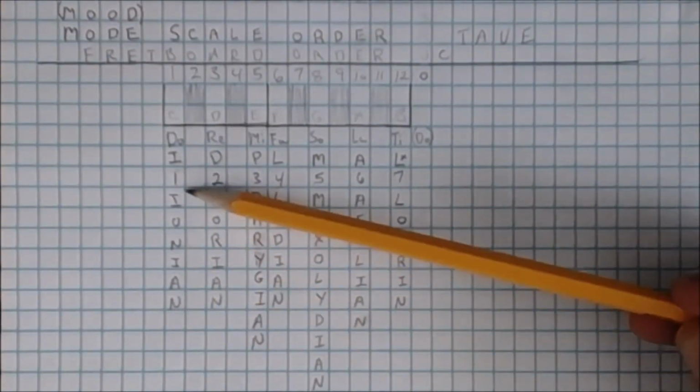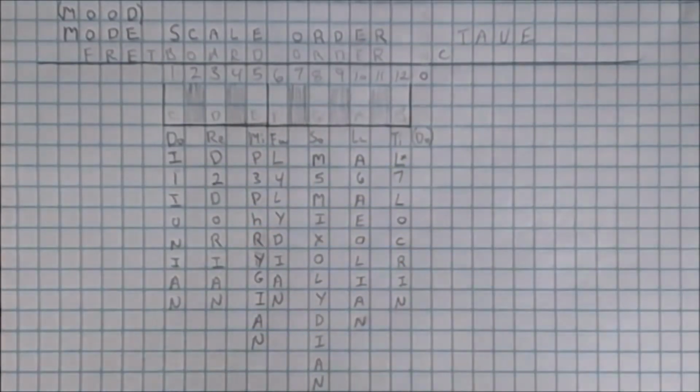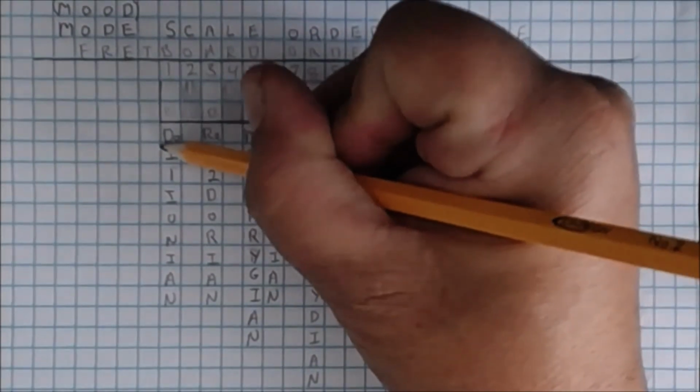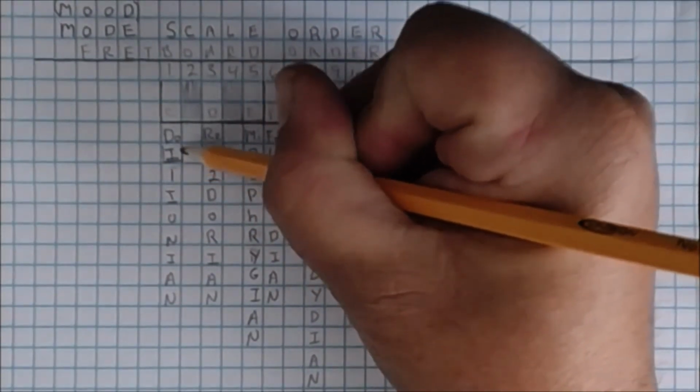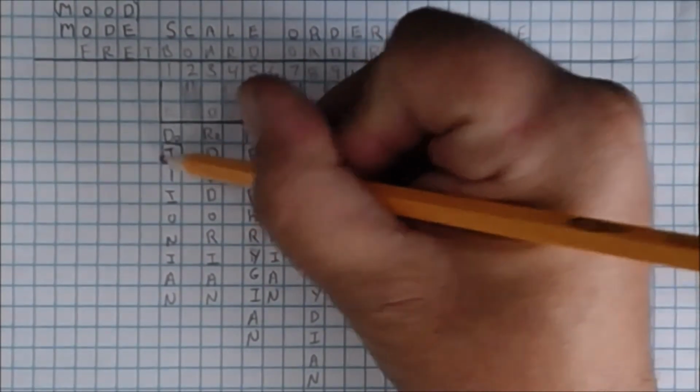We wrote that down here, so you can write it down too, so you always have that in your notes. The big deal is that when we notate this on our fretboard, you're going to see it as an I in the box.